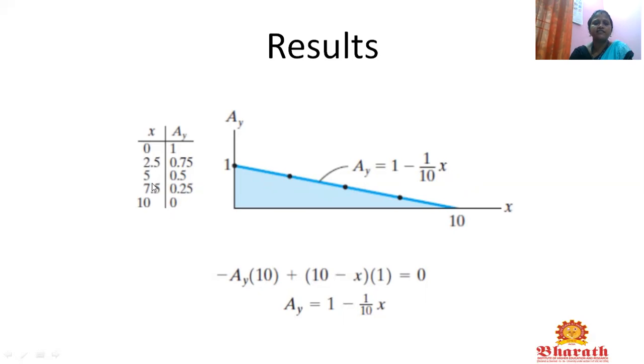Next, when x is equal to 5, substitute x equal to 5 in this AY equation: AY is 1 minus 1 by 10 into 5, so you get 0.5. Next, x equal to 7.5: if you substitute 7.5 in this equation, AY is equal to 0.25. Next, when x is equal to 10, what is AY? Definitely it will be 0, since 1 minus 1 by 10 into 10.